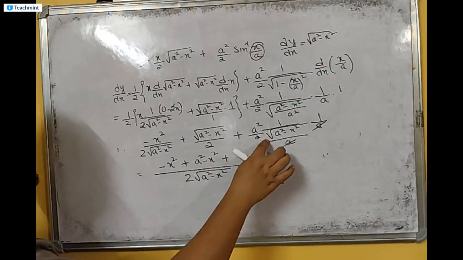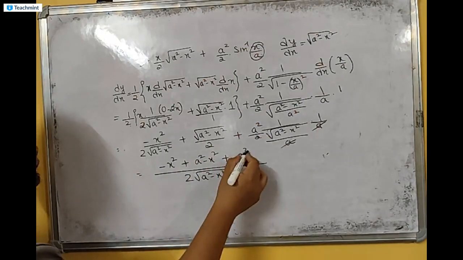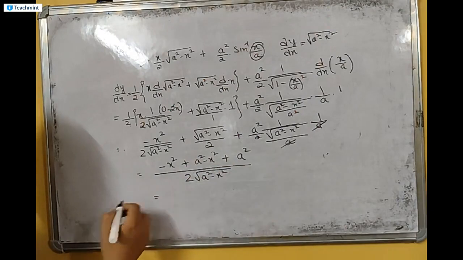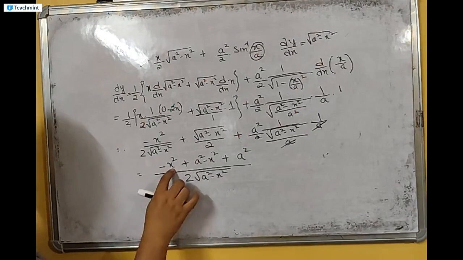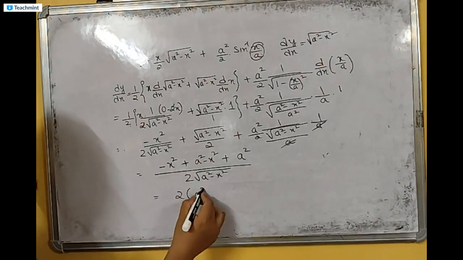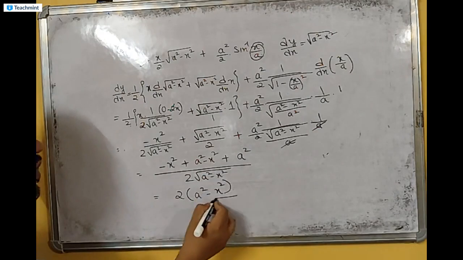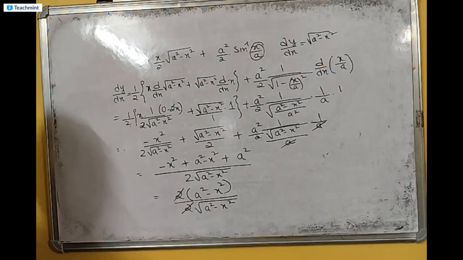Now could you please tell me what is left, guys? a square plus a square is 2a square, minus x square is minus 2x square. So if I take 2 common, we have a square minus x square divided by 2 under root a square minus x square. 2 and 2 get cancelled.